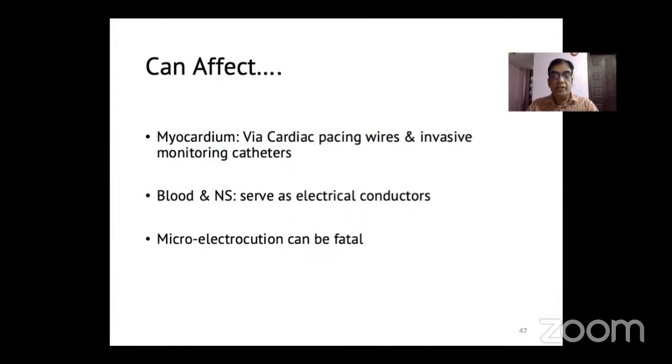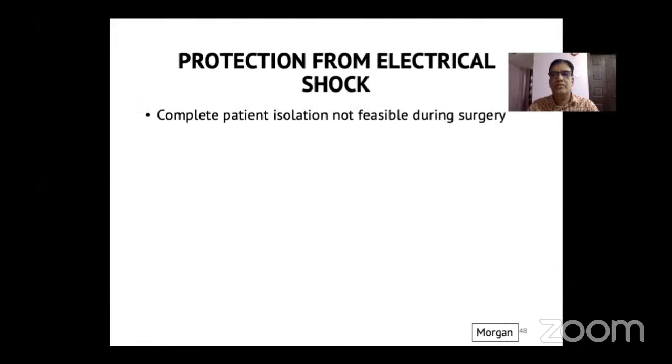These microshocks can also affect cardiac pacing wires and invasive monitoring catheters, and the myocardium can be involved. In fact, blood and normal saline serve as very good electrical conductors, and in such a situation, microelectrocution can sometimes be fatal. So we should try to protect the patient and ourselves from electrical shock.